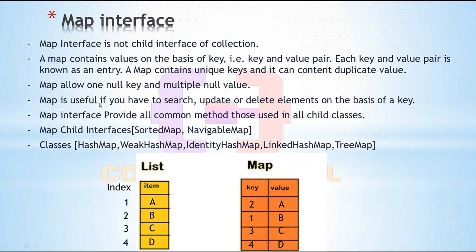Map is useful if you have to search, update, or delete elements on the basis of a key. If we have frequent operations, if we want to store data against a key, and if we want to perform search, update, or delete operations, then we can use a map. Let's consider an example.